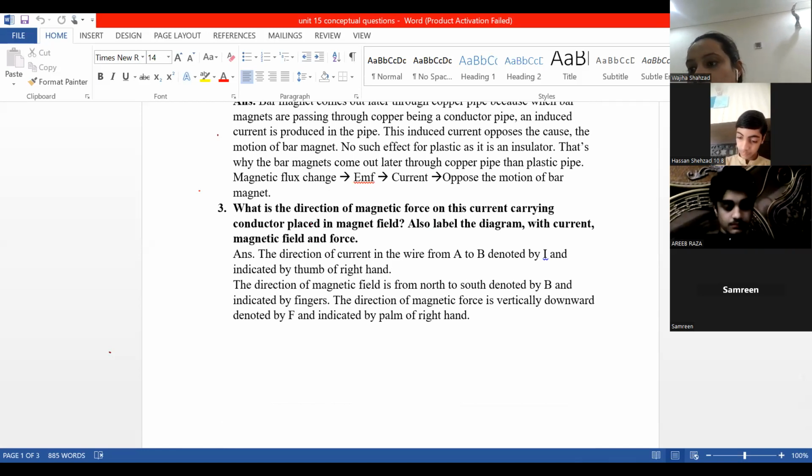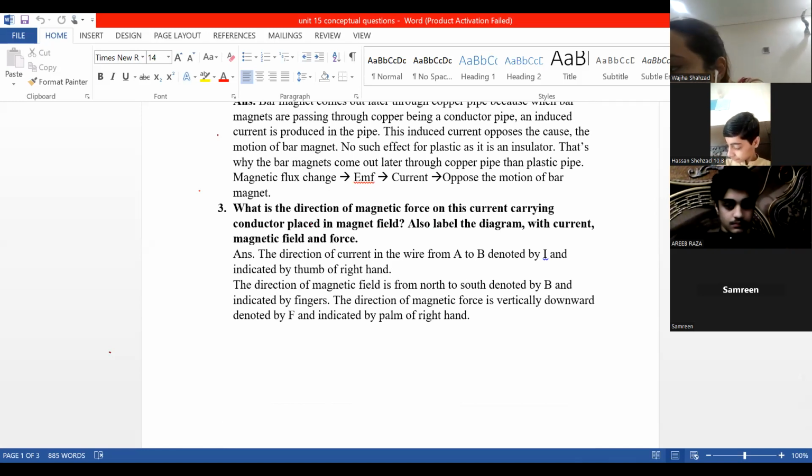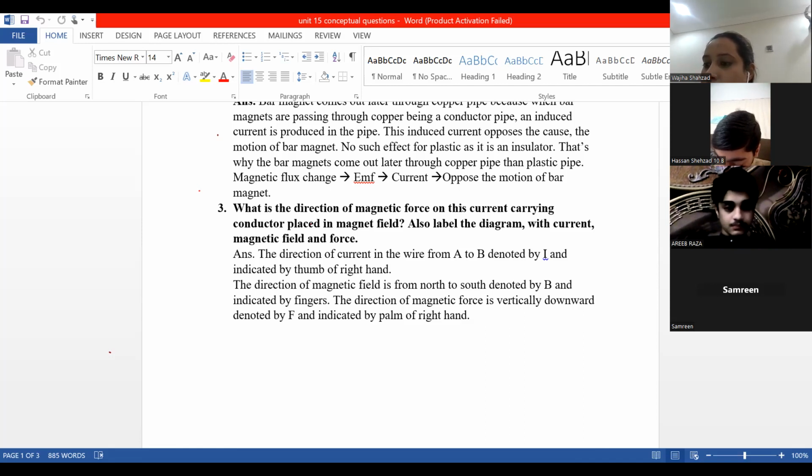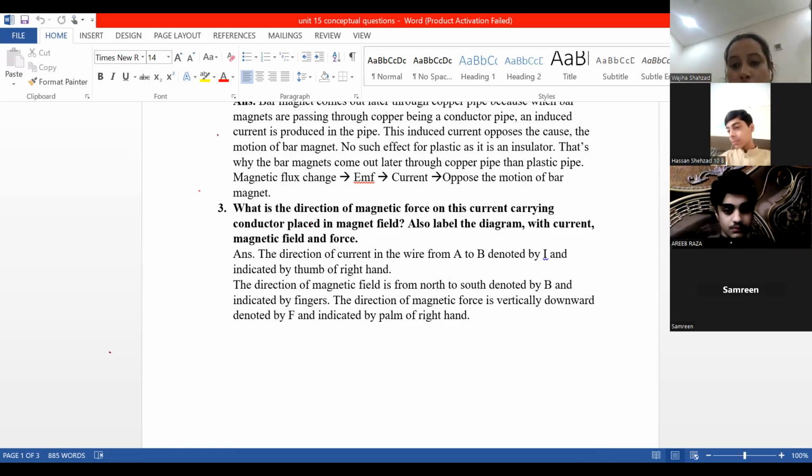Open page number 150. There is a diagram in the book in which you are seeing that there are two magnets. There is a diagram in third question, right? I'm trying to draw the diagram over here.